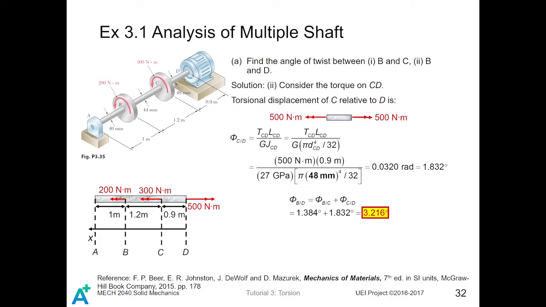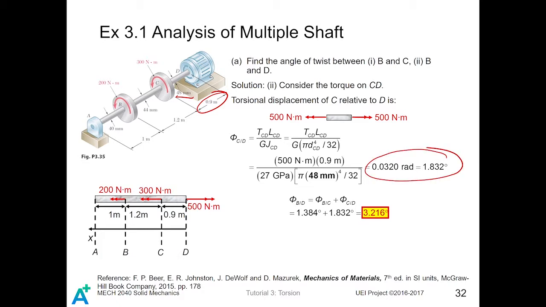The torque acting on it is 500 Nm. The length of CD is 0.9 meters. The shear modulus is 27 GPa, while the diameter of segment CD is 48 mm. Therefore, you can find the torsional displacement of C relative to D, which is 1.832 degrees.